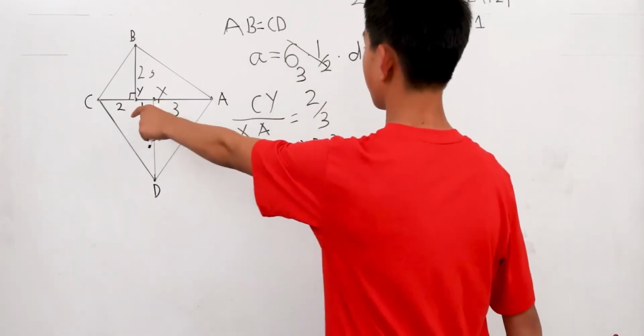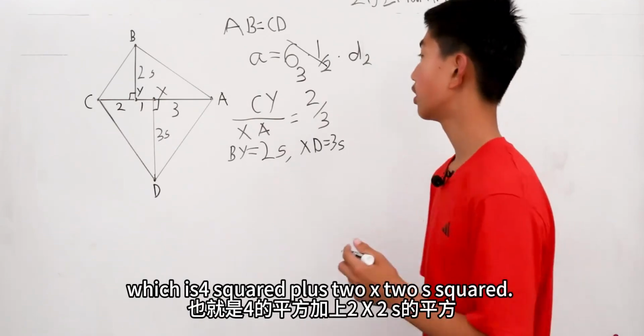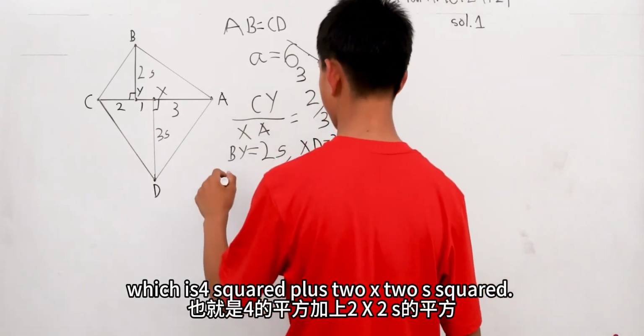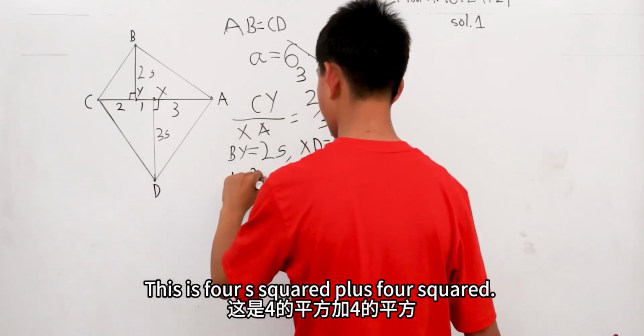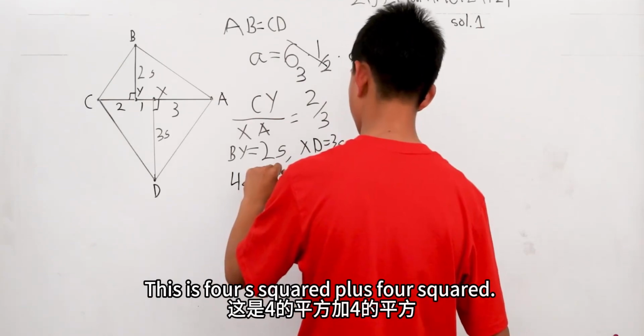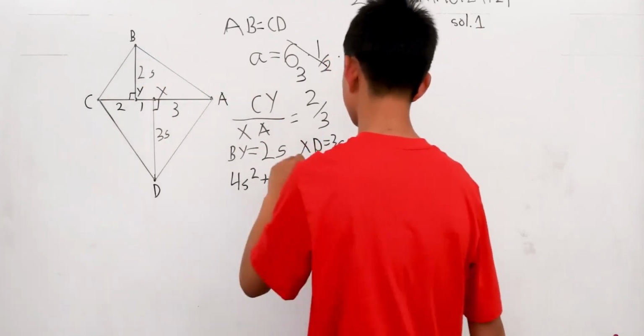So for this one, the base is going to be 3 plus 1, which is 4, squared, plus 2s squared. So this is 4s squared plus 4 squared, and this is the length for AB.